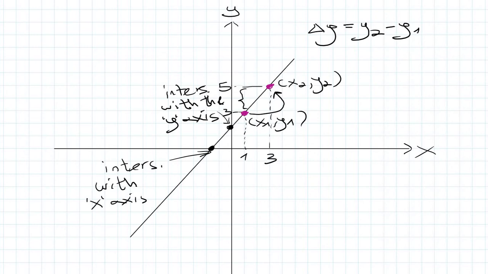But in order to find the rate of change on this line, we have to also take notice of the change that we had to take. So we also take the difference in the x values for those 2 points, x2 minus x1. And actually the slope, written as the letter m, is represented as the difference ratio between those 2 parts.